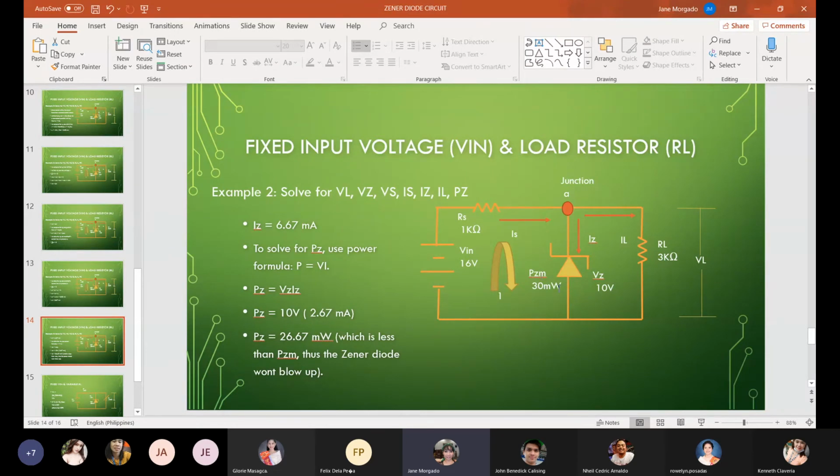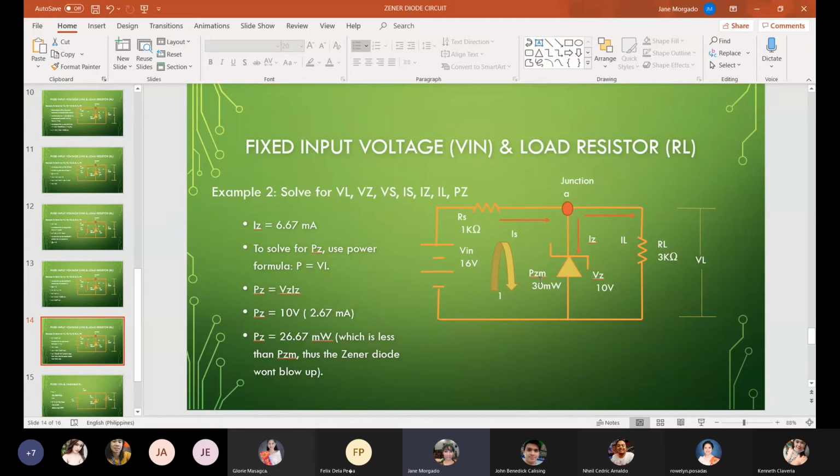So hanggang 30 milliwatts lang yung kaya niya. With the current flowing through Zener, what would be the power consumption ni Zener? With power equal to VI, we have 26.67 milliwatt, which is lower than 30 milliwatts. So, hindi naman puputok si Zener.